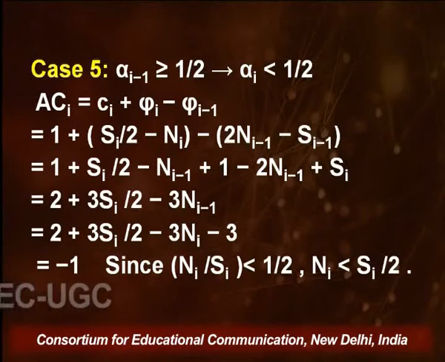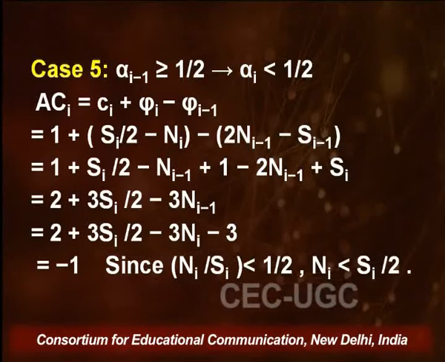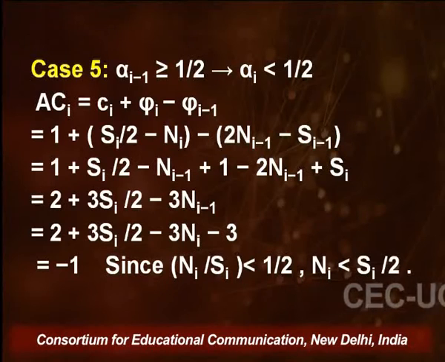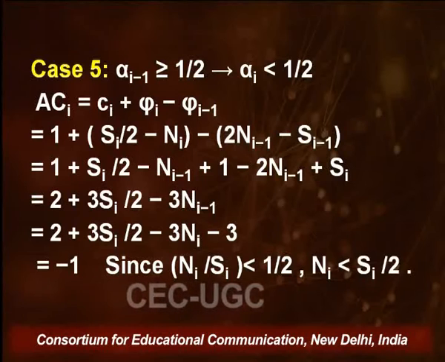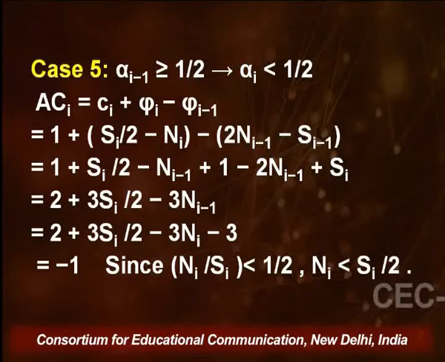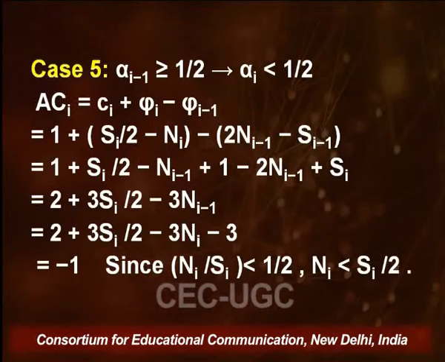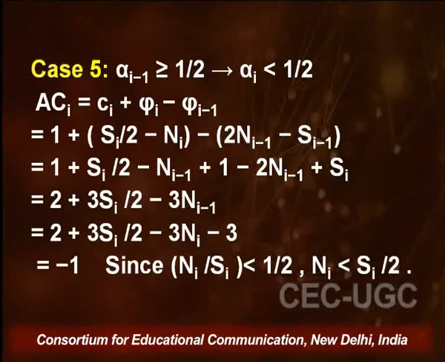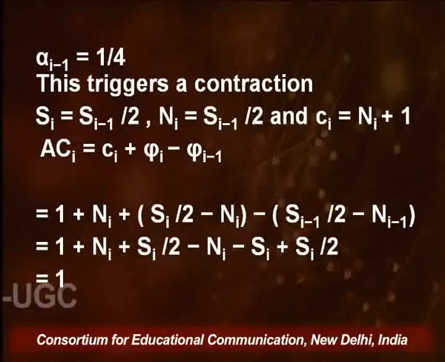So, we have 2 + 3 into Si/2 − 3 of Ni − 3, and this is again going to be equal to −1, and these conditions we have seen when Ni/Si is less than 1/2 and Ni is less than Si/2. So, this is the situation.